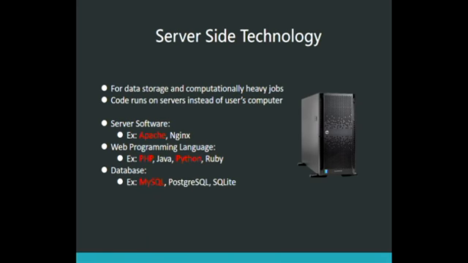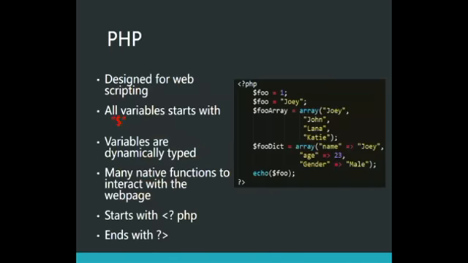It's usually PHP, Java, Python, or Ruby. And for databases, there are MySQL, PostgreSQL, SQLite. There are also other professional databases. I'm going to introduce 2 languages here, PHP and Python.